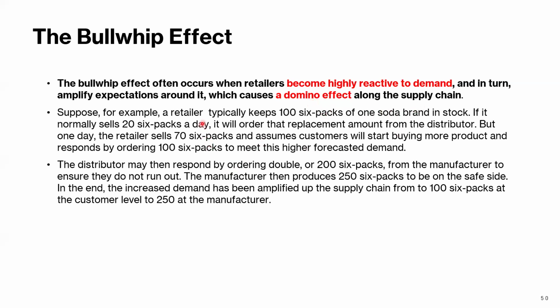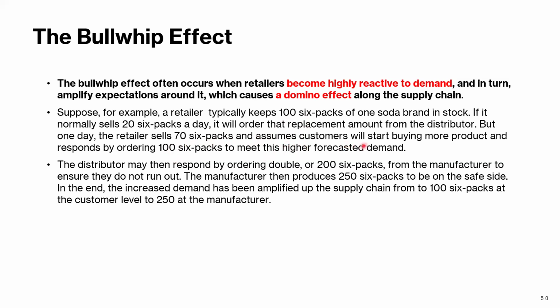So for example, a retailer typically keeps 106 packs of one soda brand in stock. This is what they usually have. Normally they sell 26 packs a day. So they will order that replacement amount from the distributor whenever they need to replenish, right? But one day the retailer sells 76 packs because of the holiday season or long weekends.